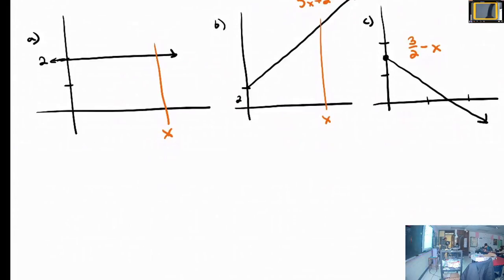The trapezoid form is 1/2 times the 2 bases. The left one is always 2. The right one is going to be whatever 5x plus 2 is there, times x.